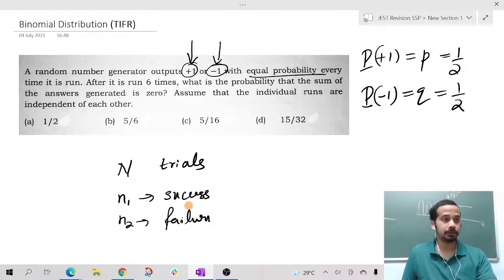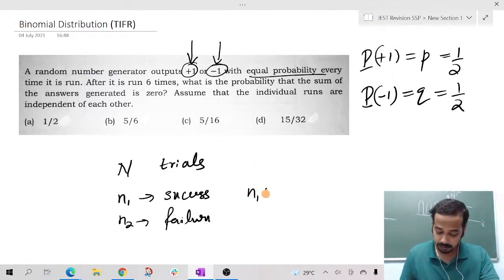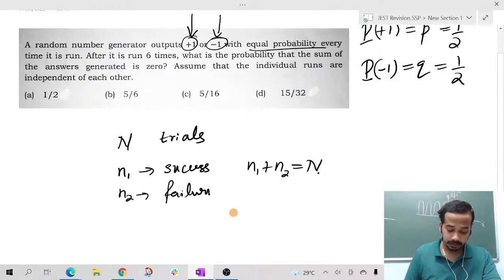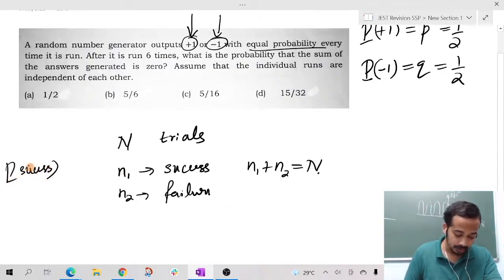So there are only two possibilities, one of success, the other of failure. In that case, n1 plus n2 is equal to n. Suppose the probability of success I define as p, and the probability of failure I define as q.